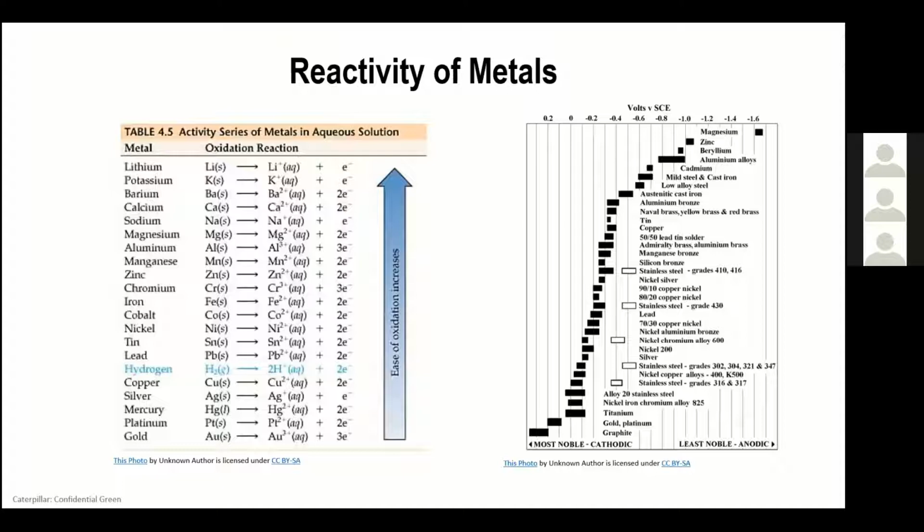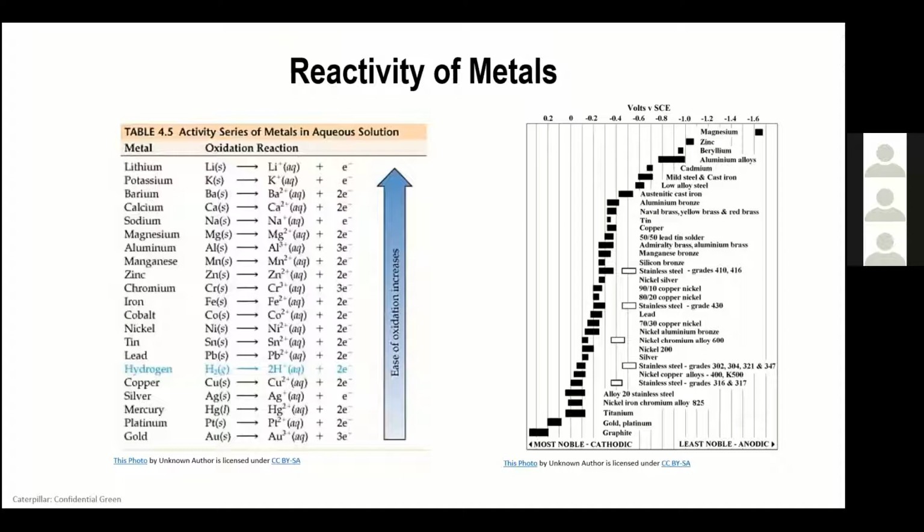Over on the right-hand side, we're really talking about not only the types of metals, but actually the alloys. And the point I want to make here again is that this is relative to other components.